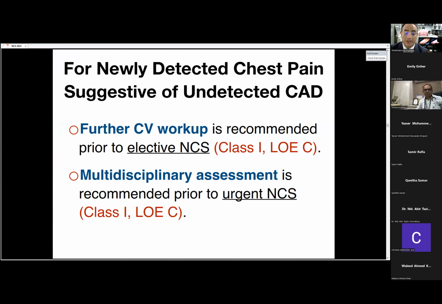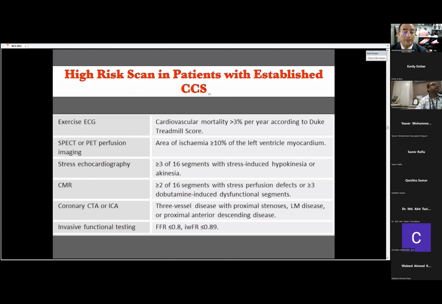Multidisciplinary assessment is recommended prior to urgent non-cardiac surgery. And this is a very nice stress testing protocol, and these are high risk features for all stress modalities, including exercise test, SPECT or perfusion imaging, stress echocardiography, cardiac MRI, coronary CT, invasive angiography.